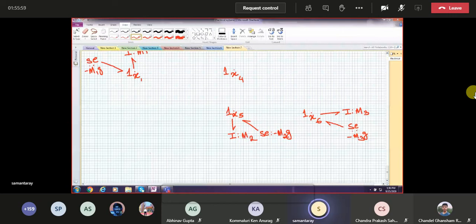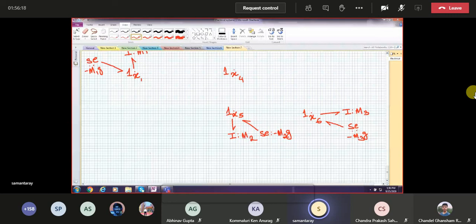What is there? There is a spring, K2. So that's what we put. X2 dot minus x3 dot, there is spring K2.